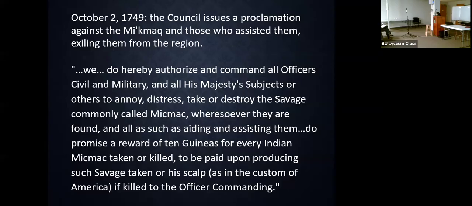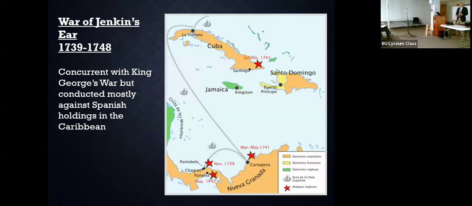And then they give this bounty. 10 guineas is a lot of money back then. For every Micmac taken or killed, to be paid upon production of such savage taken, or his scalp, as is the custom of America. Because the French had been doing this as well. We pay a bounty. You don't bring us a body, bring us a live officer, bring us a scalp, we'll pay you X, Y, and Z.